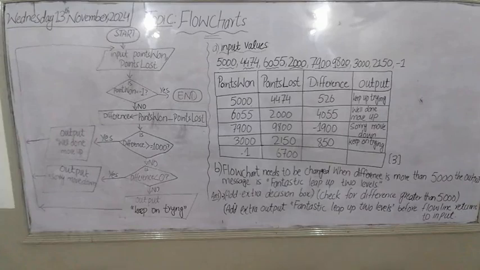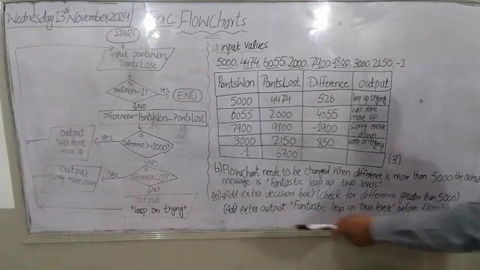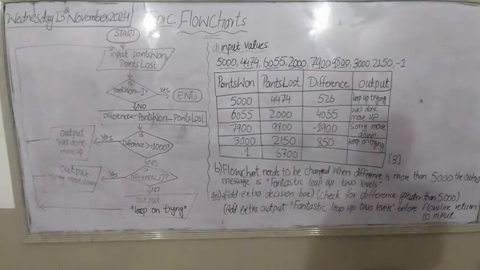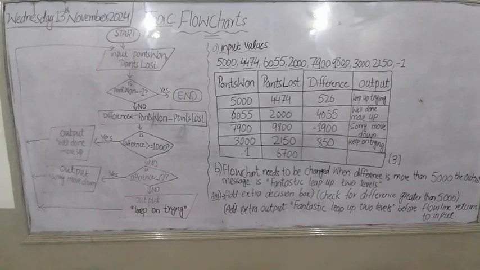So from this condition we will move towards the flow of yes. There we have an output message that says sorry, move down. Sorry, move down means you have to move towards the positive values from the negative values.